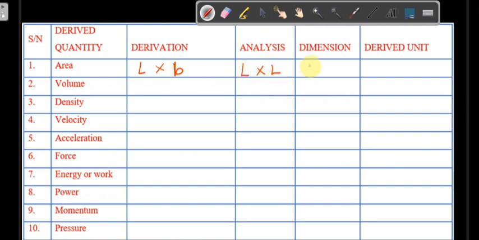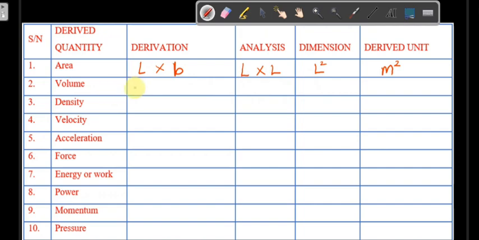So the dimension is L squared. Since L stands for length, the unit of length is meter, and then you put the square, so that's meters squared. Notice that the unit is written in small letter, but the dimension is written in capital letter. So dimensions are written in capital letters.